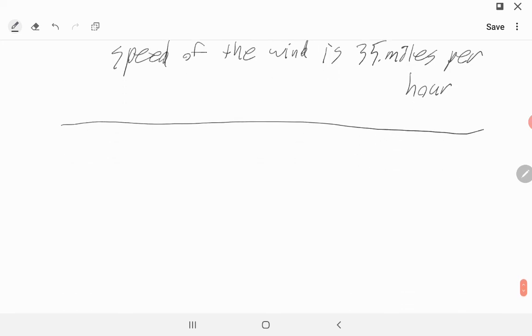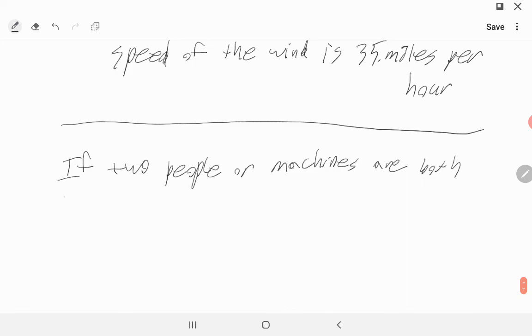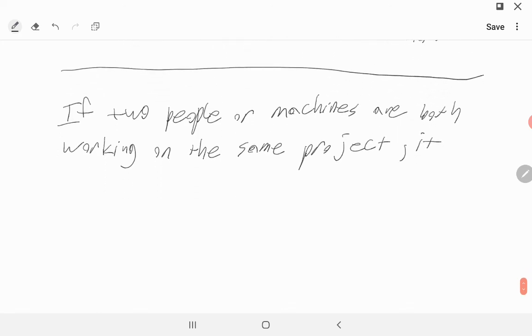We notice that if two people or machines are both working on the same project, it gets done faster.